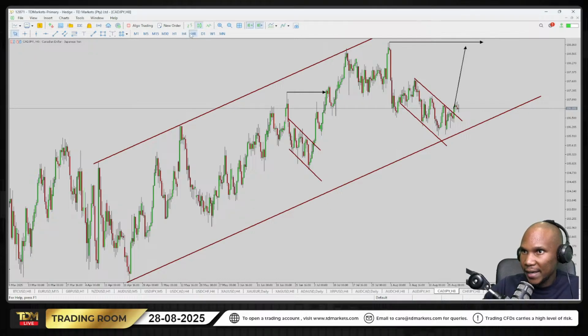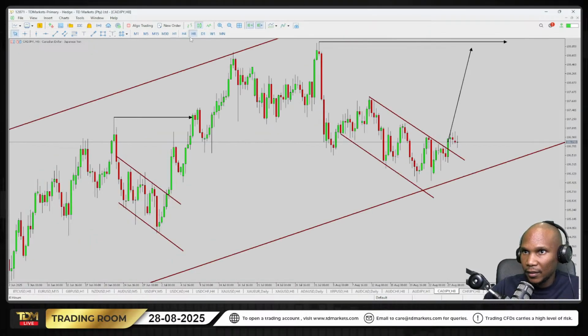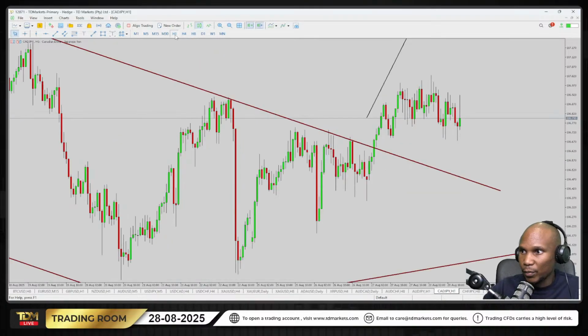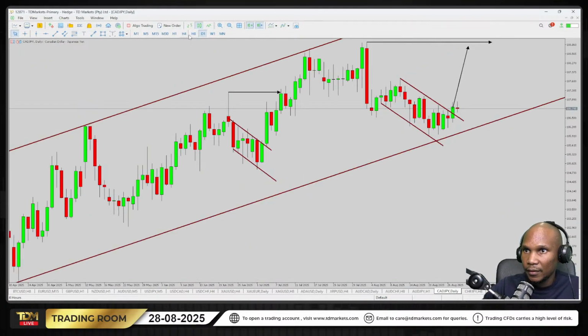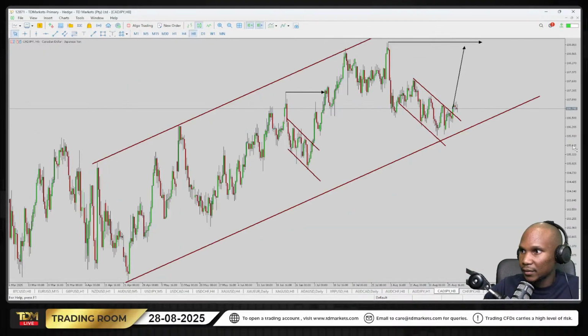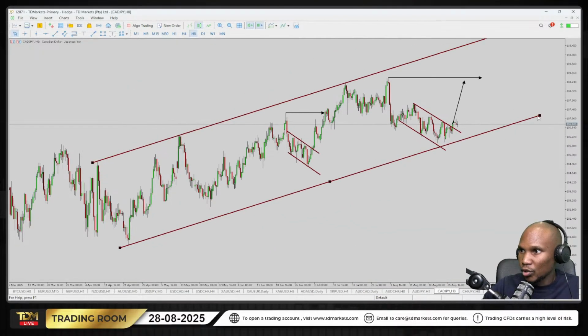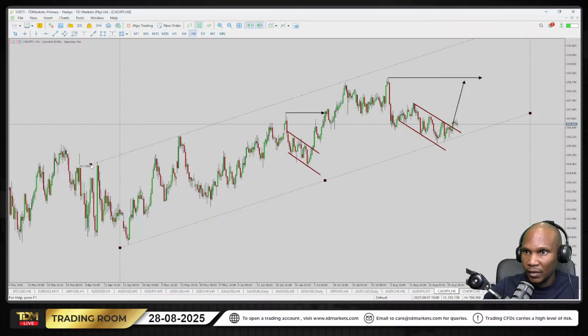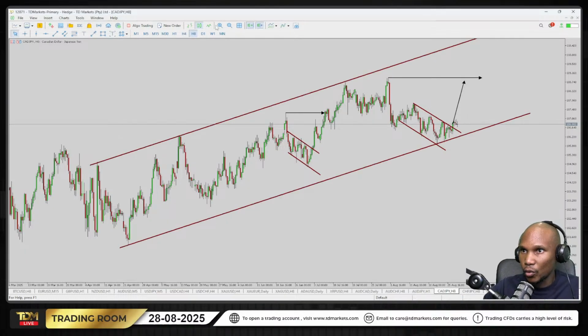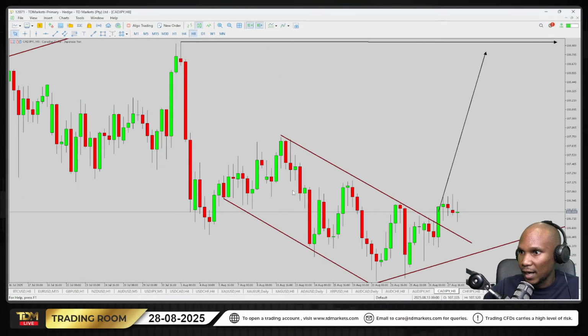We spoke about CAD JPY. Now you see CAD JPY broke towards the upside, right? With CAD JPY, I told you guys that I'm just bullish on this one, right? So we now have a break out of this channel, right? And we are just testing this zone here.